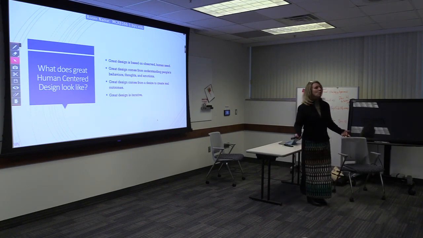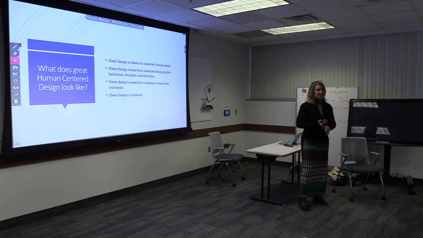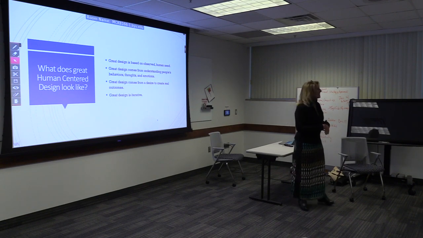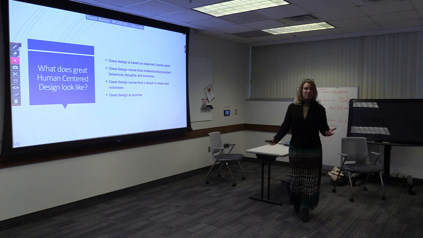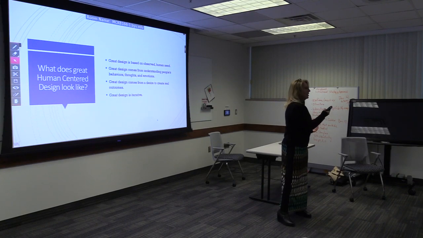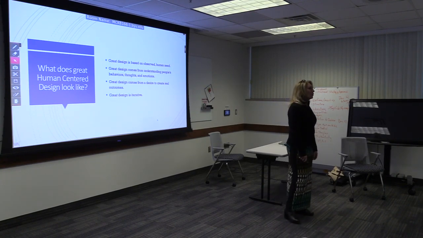Let's talk for a minute about what great human-centered design looks like. So, great design is based on observed human need. That seems so simple, doesn't it? It seems so simple that, of course, the first thing we would do if we wanted to design something, whether it's a program or a learning object or a learning program or whatever it is, is think about what our consumers would want and what their needs are.